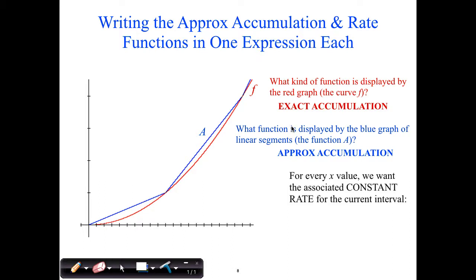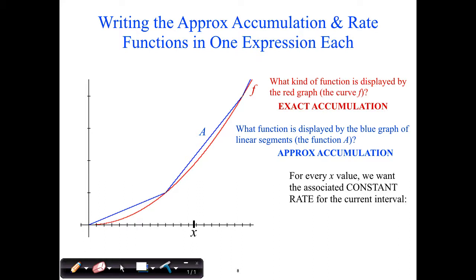And so for every x value, not just for talking about intervals at a time, we need to be able to describe, in general, what's the constant rate that I would use. So we're going to use some of our notation from earlier chapters, from chapter 5, to describe in general, well, let's say that x is here. So if x is here, I don't know necessarily which interval that is.